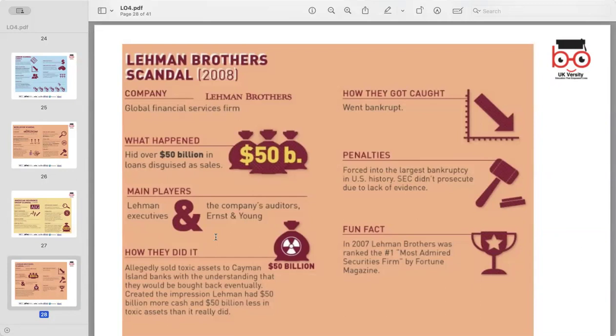Lehman Brothers' bankruptcy became the largest in U.S. history, though the SEC did not prosecute due to lack of evidence. Despite its downfall, Lehman Brothers had been ranked as the most admired securities firm by Fortune magazine just a year earlier.